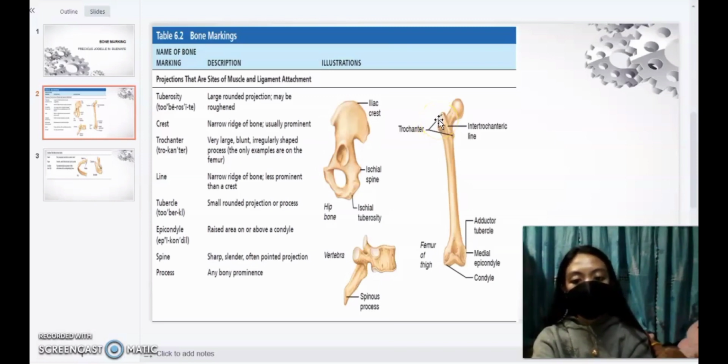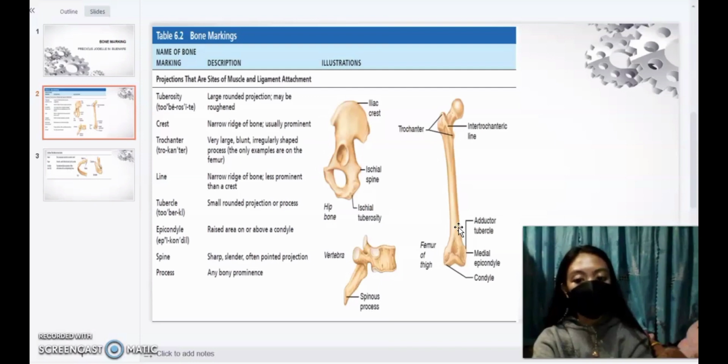A line. A line is just that, it is a line, and so in this particular example over here, this is the anterior portion. You can see the intertrochanteric line, and then as you go down the femur, there is a line, and they use the Latin name for it, which is called linea.